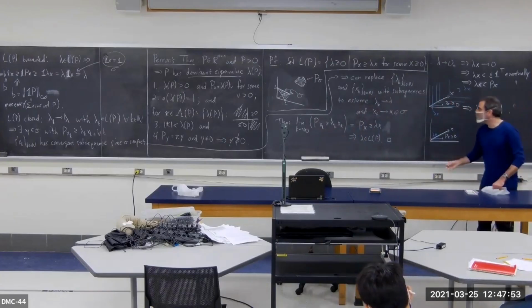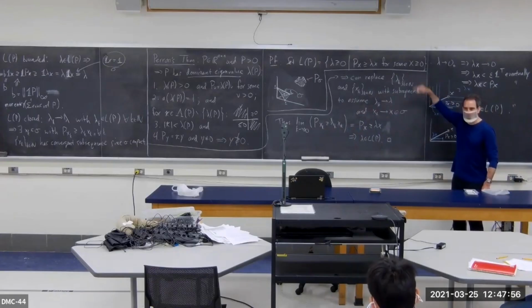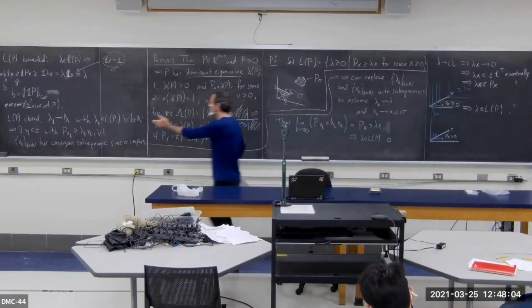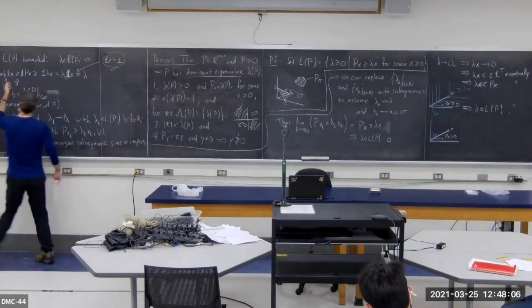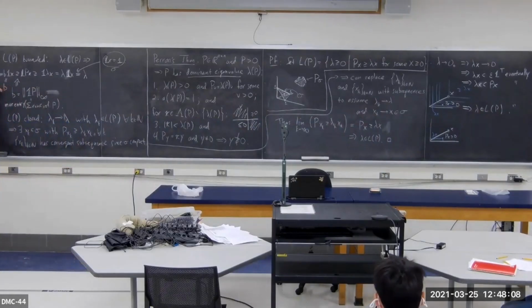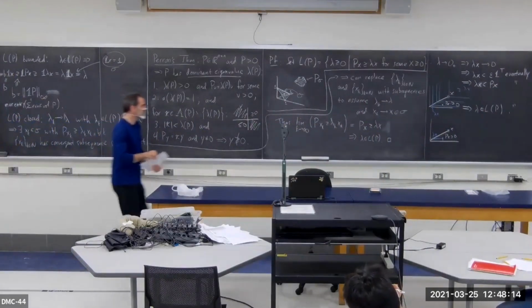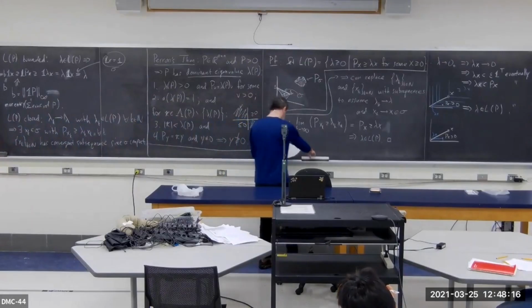So there were details to check, but the two things that I wrote on the board, the heuristic geometry, that's all we're doing, is making that precise. We chose a specific bound to show how big you can take lambda. So if you take lambda that big, then you leave the L of P.